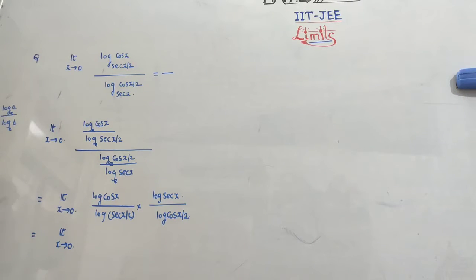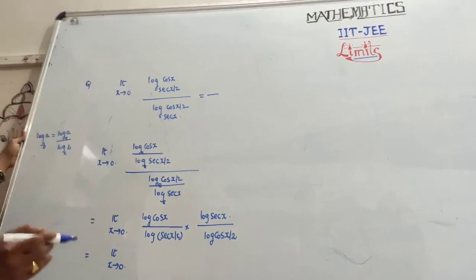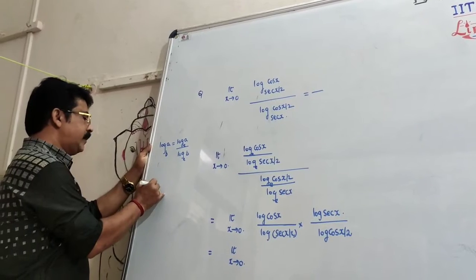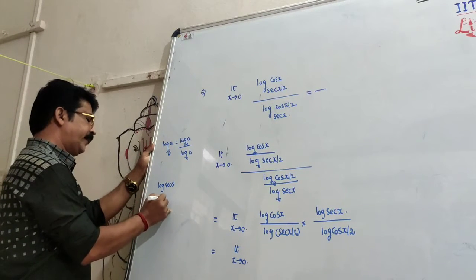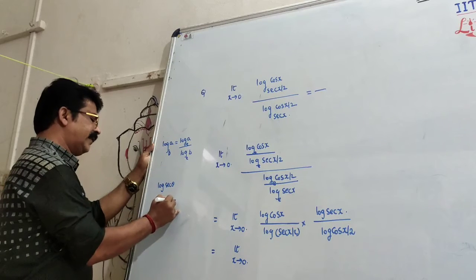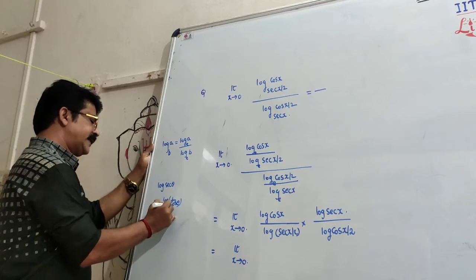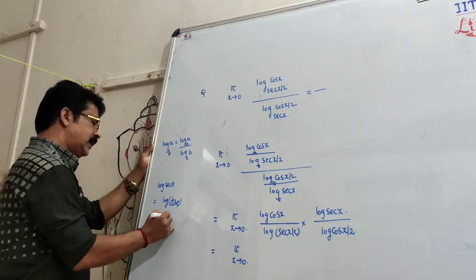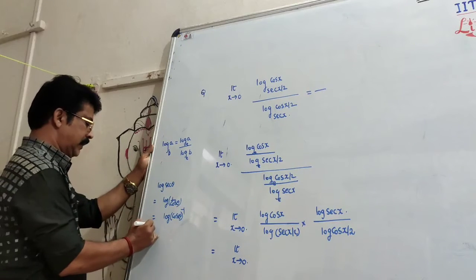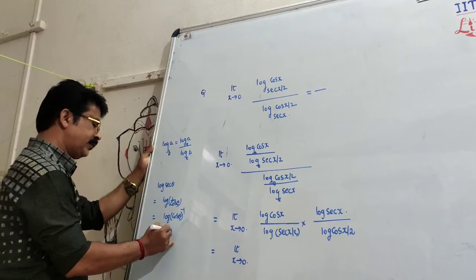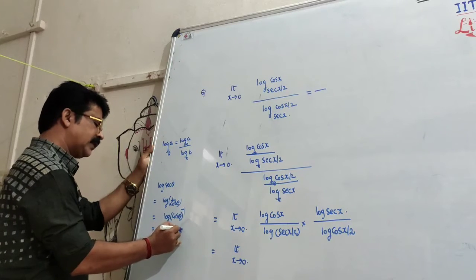Actually, you come here: log of secant theta is equal to log of 1 by cos theta, that is equal to logarithm of cos theta whole power minus 1, that is equal to minus log of cos theta.